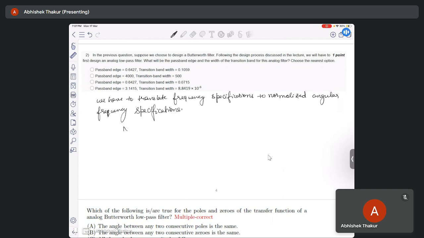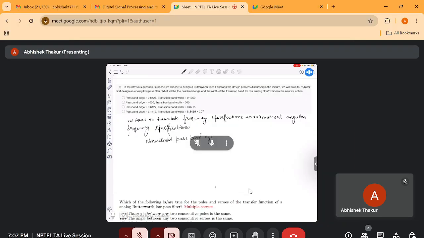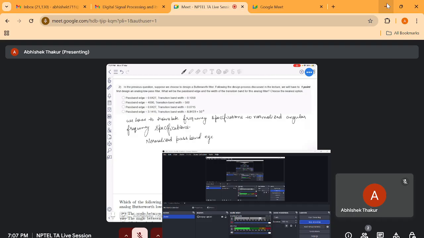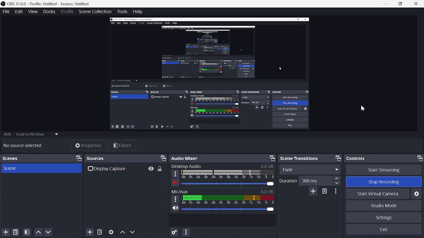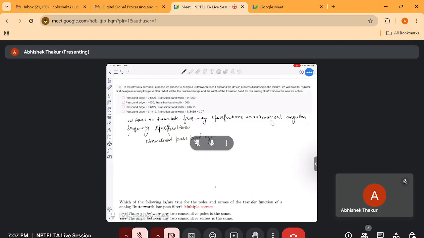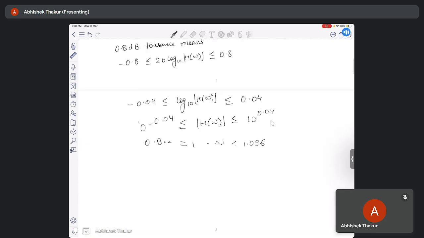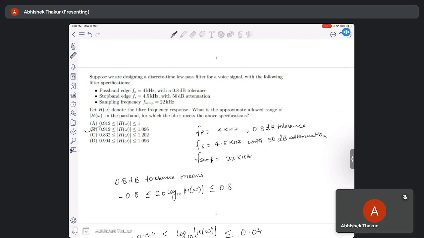So the normalized passband edge, omega p, is equal to the cutoff frequency divided by the sampling frequency.